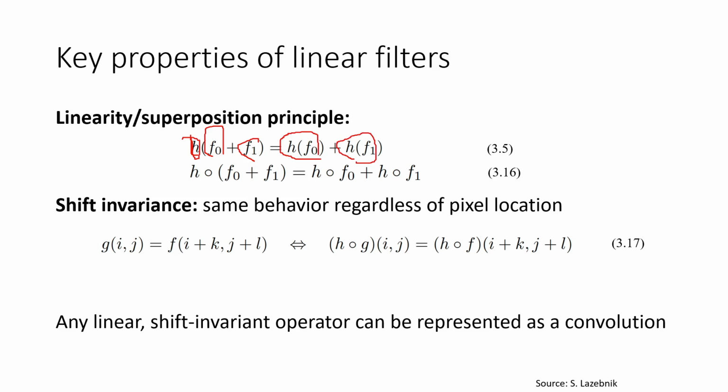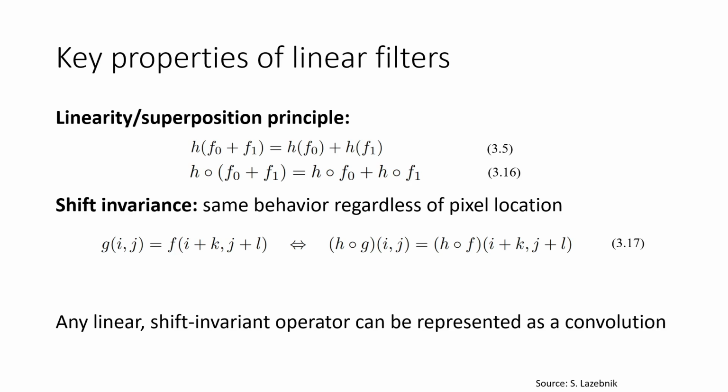Because every operation is linear, this will happen. For the two equations, they mean the same thing. In our textbook, you will see the expressions twice, in 3.5 and 3.6. They are totally identical, but I don't know why our author wrote them in two different forms.